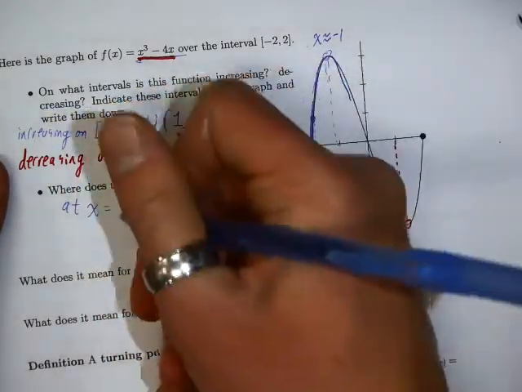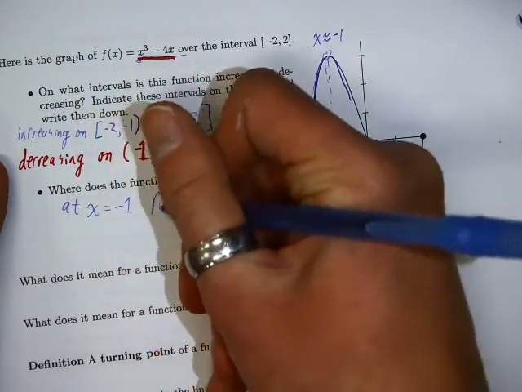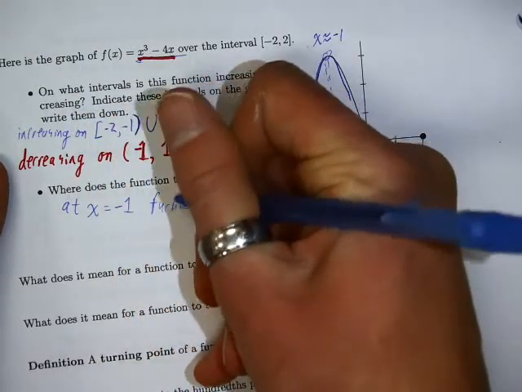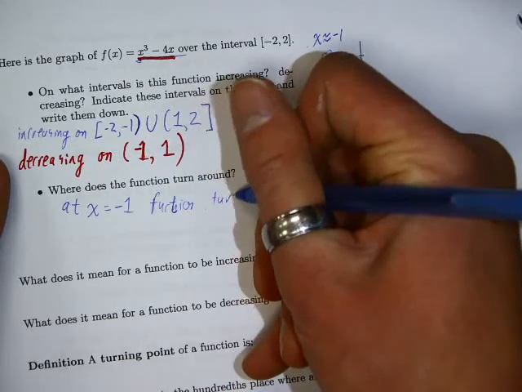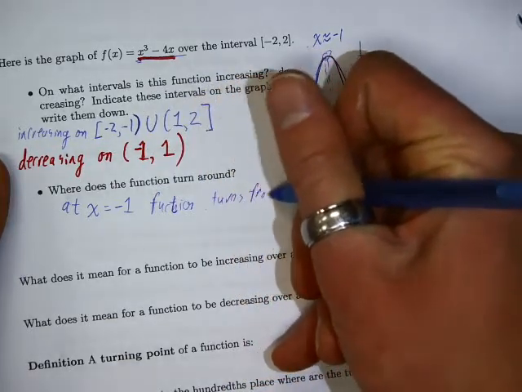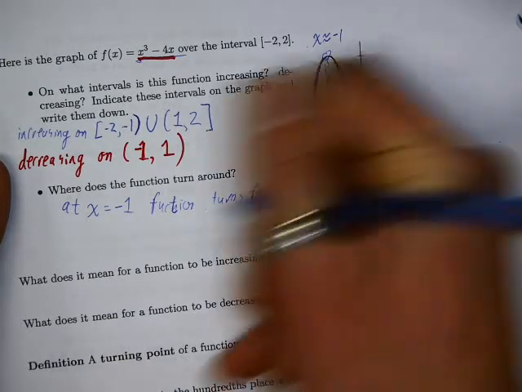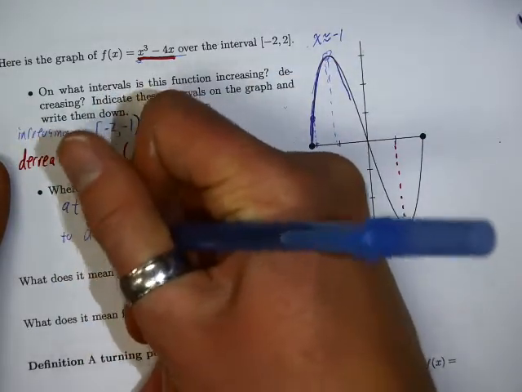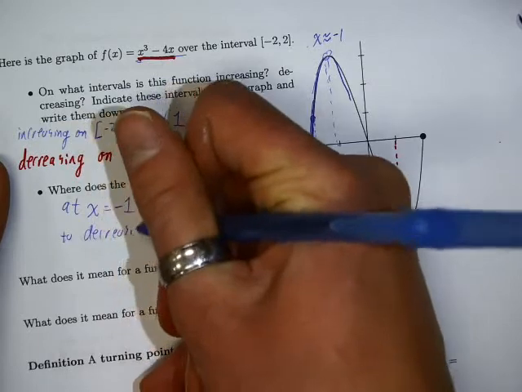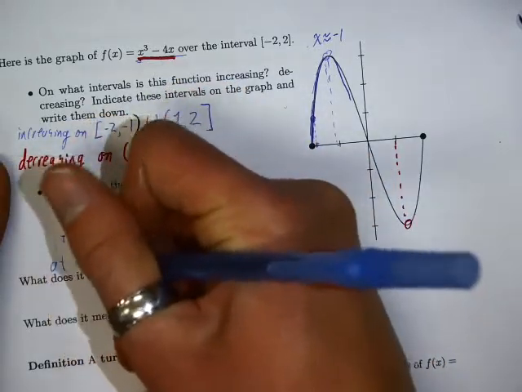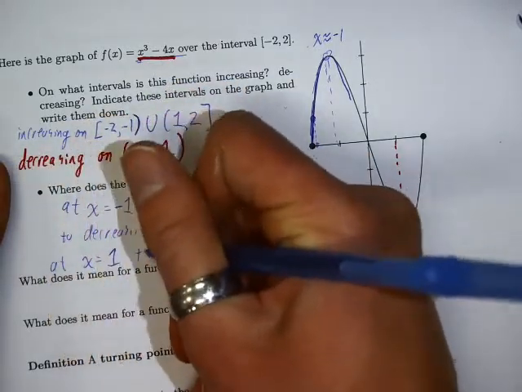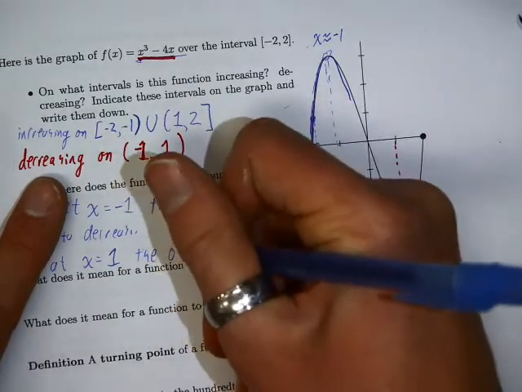So at x equals -1, the function turns from increasing to decreasing. At x equals 1, well, maybe I don't have space. The opposite happens.